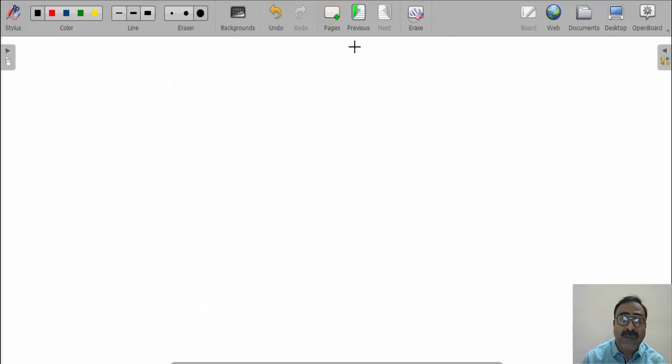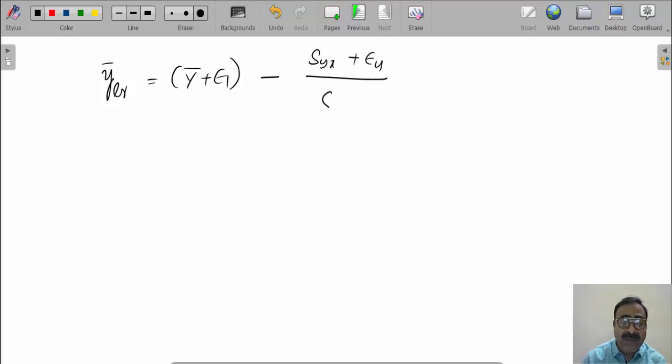Now the linear regression estimator can be written as Ȳ + ε1 minus (S_yx + ε4) by (S_x square + ε3) into ε2.